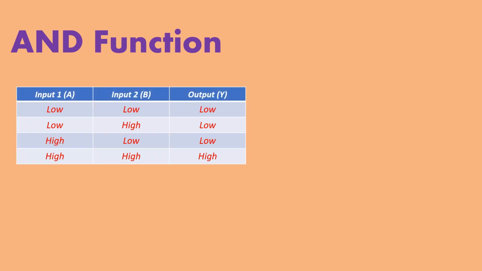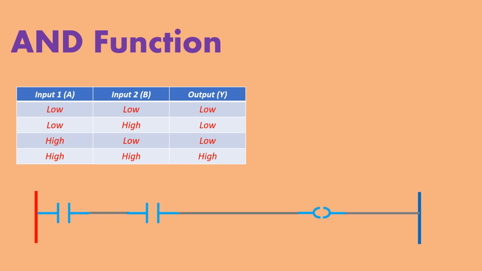Let's look at some simple examples. Let's try to realize some logical functions using ladder diagrams. First, let's look at an AND function. The truth table of the AND function looks like this. There are two inputs and an output.